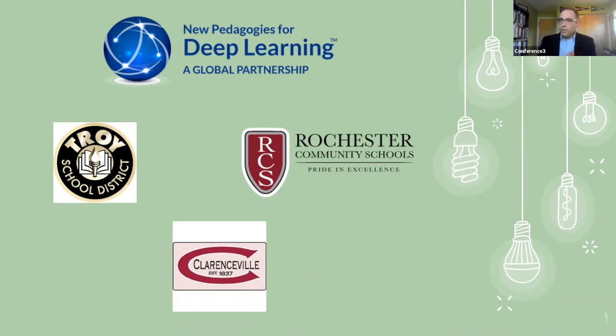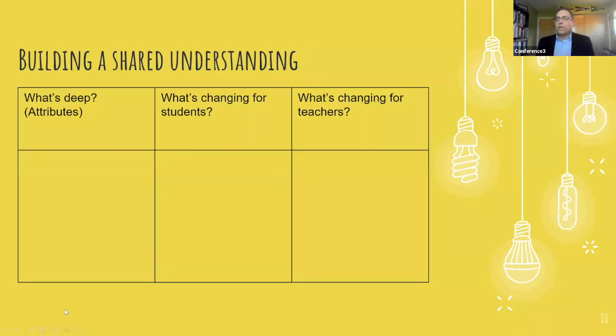So I'm going to show you a video of deep learning from Troy School District, and when I show you this, I want you to think of three things. When you see this video, think about what's deep about this learning. What are some of the attributes that you see in the learning in this video that we would refer to as deep learning?